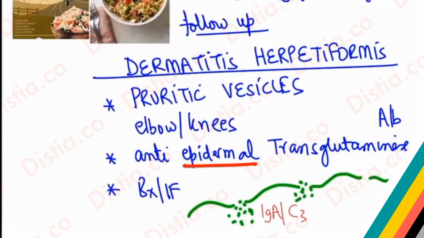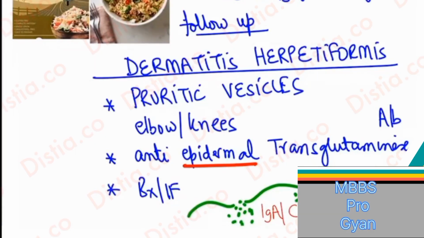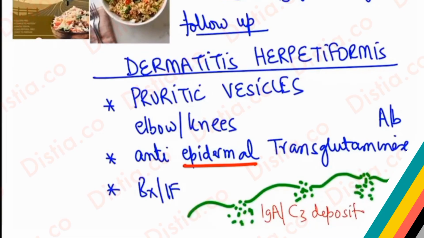So like in the earlier parts of our discussion, we talked about the fishnet appearance with respect to pemphigus vulgaris. I am today highlighting the fact that if you get a green line which is broken at multiple places with these dots which are greenish in color, again representing immunoglobulin A and C3 deposits, your diagnosis would be what we are discussing right now.